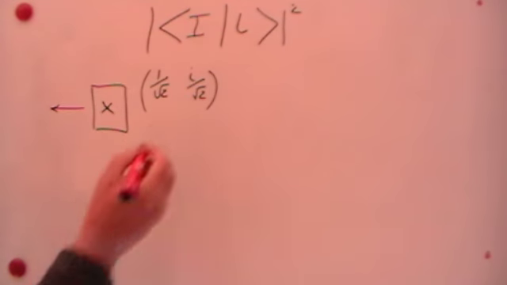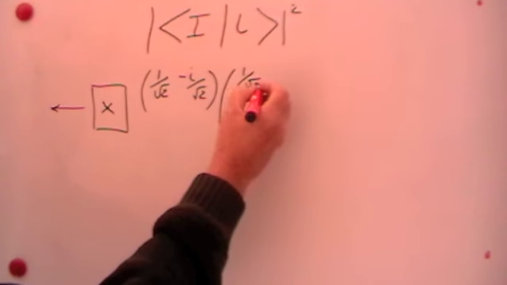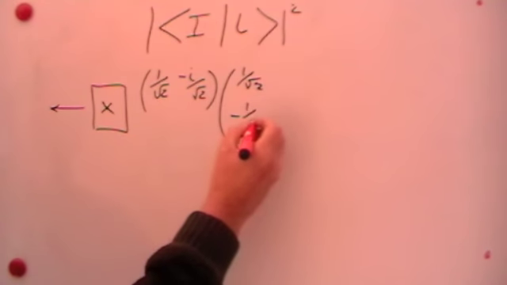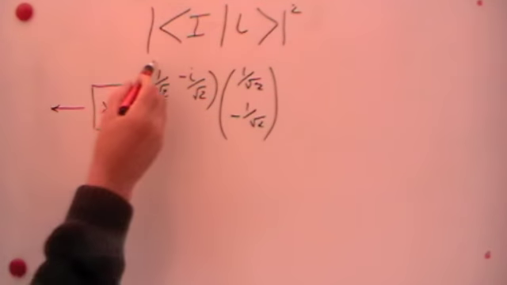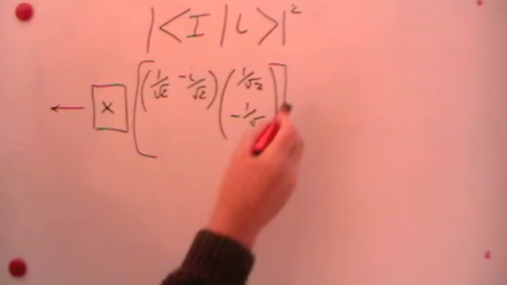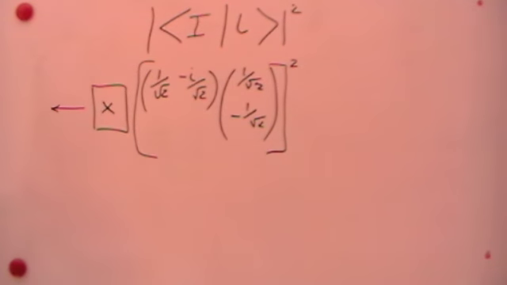You simply change the sign of the imaginary term. So this now becomes minus i over root 2. And we multiply by the left eigenvector, which you may remember was 1 over root 2, minus 1 over root 2. And that will all have to be squared, or more accurately multiplied by its complex conjugate.